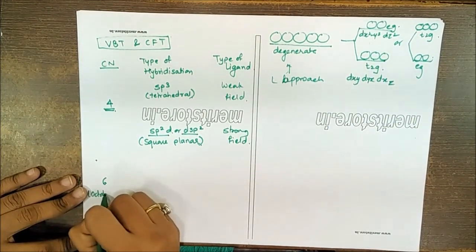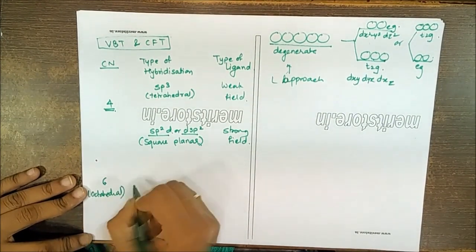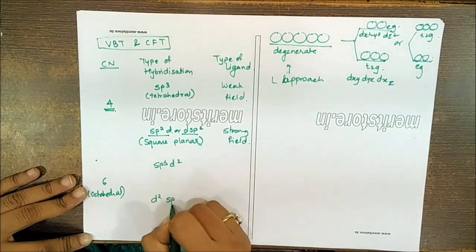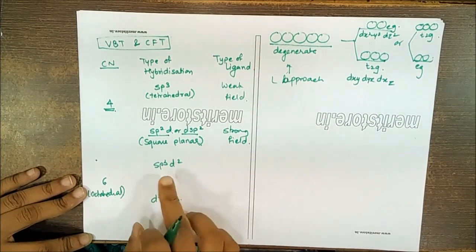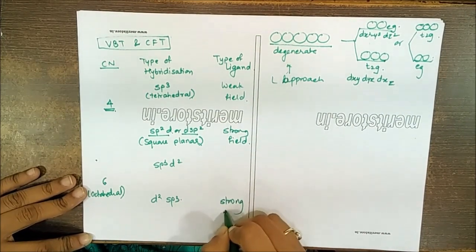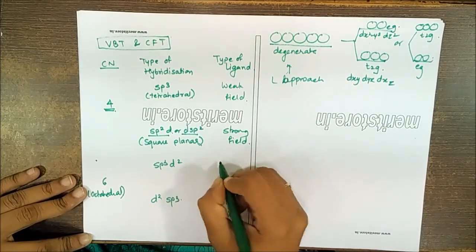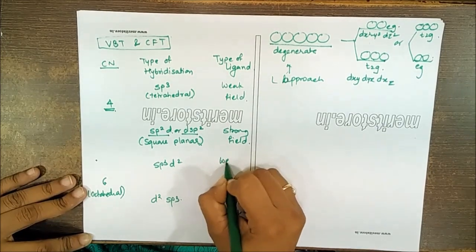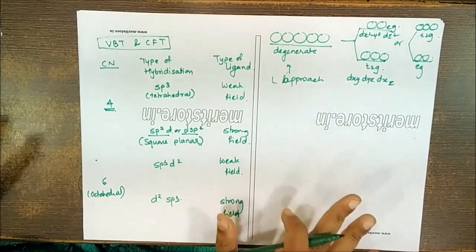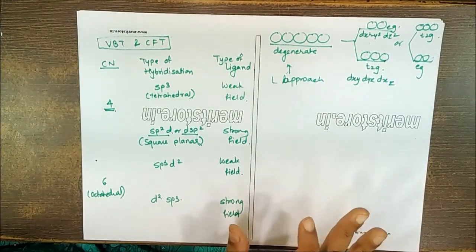That geometry is common, but the hybridization is of two types, sp3d2 or d2sp3. Similar thing: if you are using the inner shells, then the ligand is strong field, and if it is outer, the ligand is a weak field ligand. So accordingly, we can decide the respective properties of all the complexes.